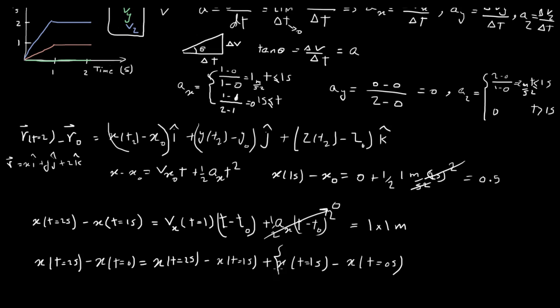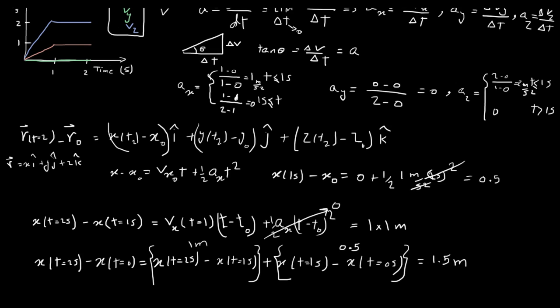So now I have this thing equal to, I derived it here. Yes, it's 0.5. This thing is 0.5. And this is 1 meters. So 1 meters plus 0.5 equals 1.5 meters.